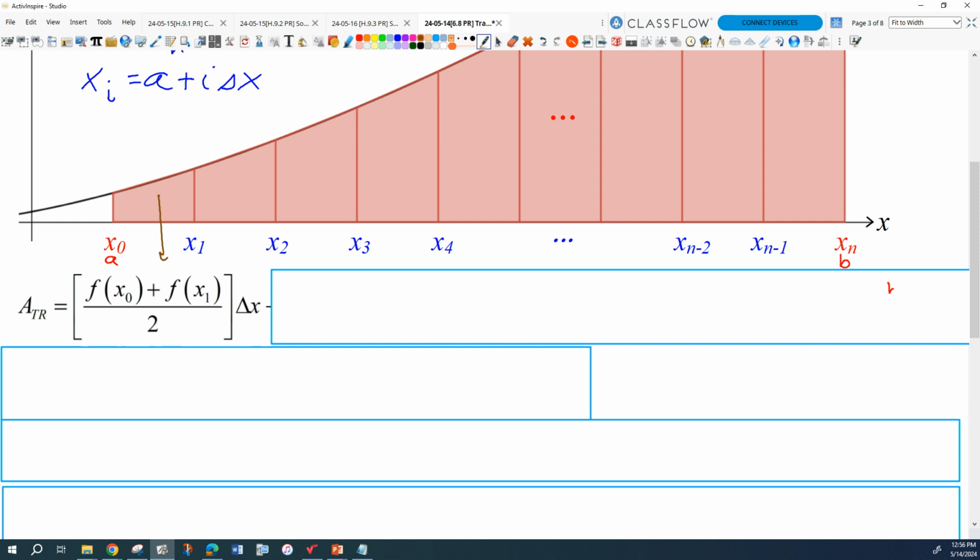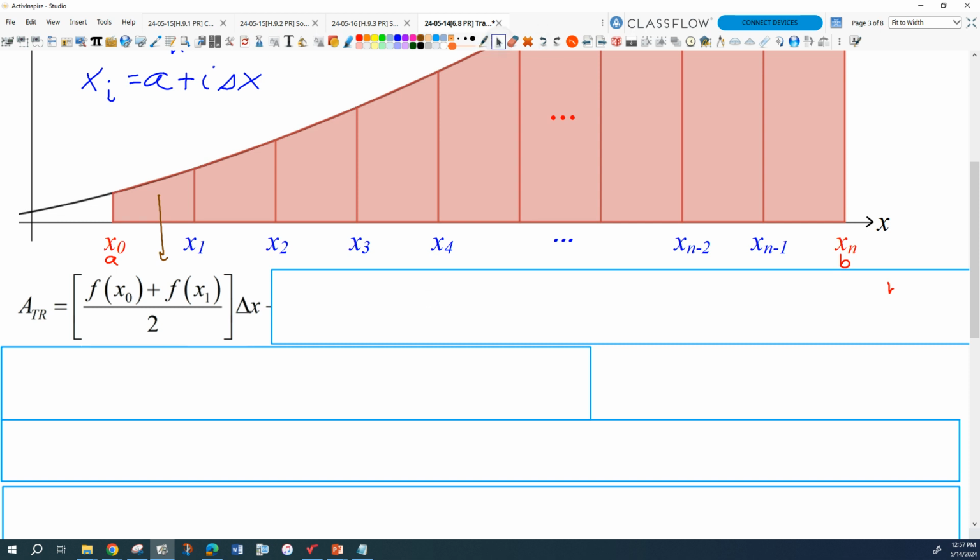I've got to get the average height. So what's that going to be? It's going to be the value of the function at x sub 1, so f of x sub 1 plus f of x sub 2, divided by 2. I've got to average them. So you add them up and divide by 2, times delta x.